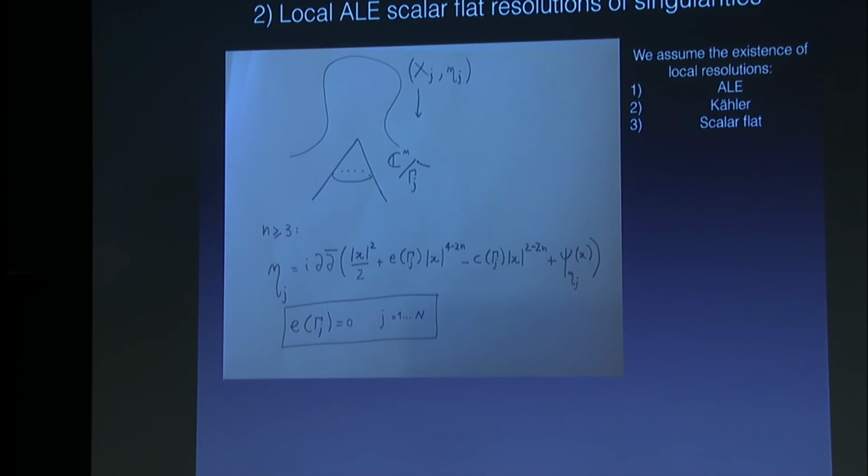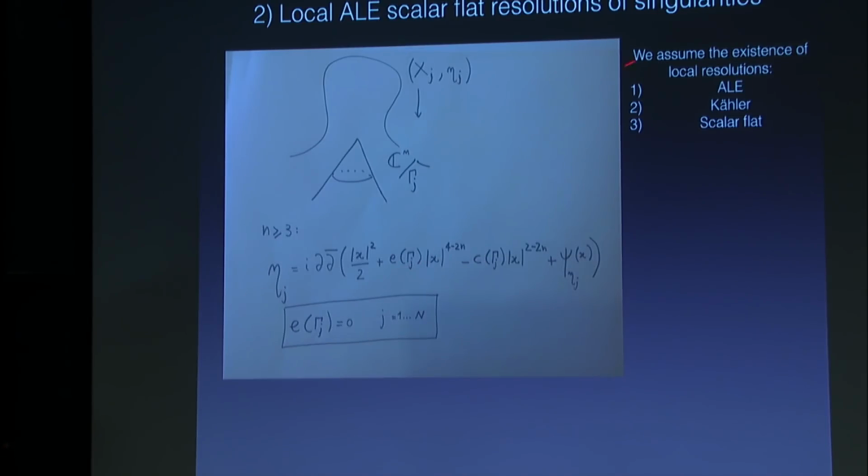So the leading term has to be the Euclidean metric, and then decaying terms, some errors. Now the scalar flat equation imposes the powers. This is a PDE, so the solutions have to be special, and it's special in this sense. It has to go like this. It will be clear why in a couple of slides. But just one comment, because these coefficients turn out to be important.